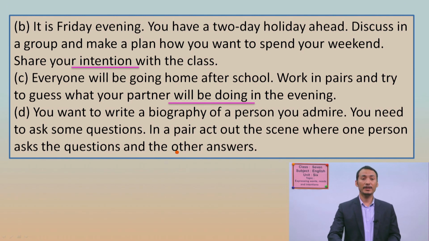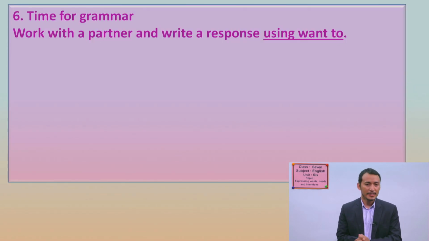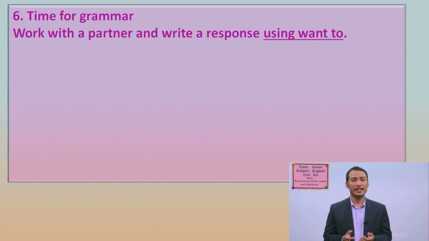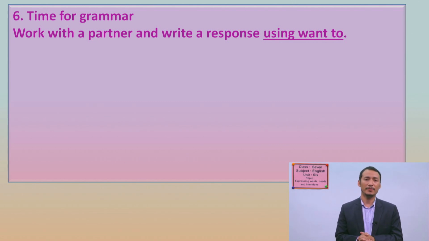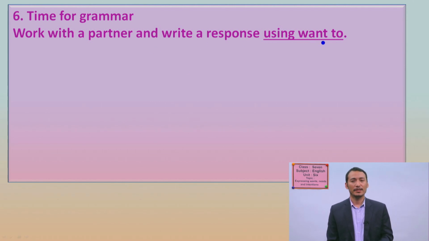Okay, now we are going to do another exercise, exercise number 6. It's time for grammar. Please have a look at the exercise from your book as well. Now work with a partner and write a response using want to. Look at the question.